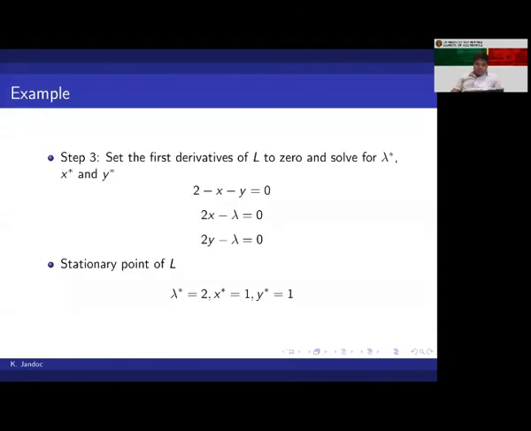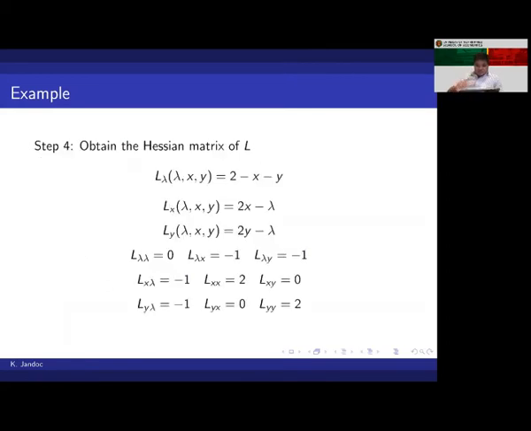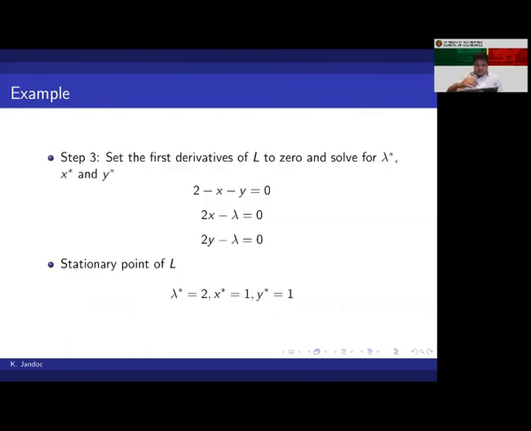And so the next step is from the first order necessary conditions, the condition where we equate the gradient of L, or the first order partial derivatives, to 0. So this here is the first partial derivative of the Lagrangian with respect to lambda.